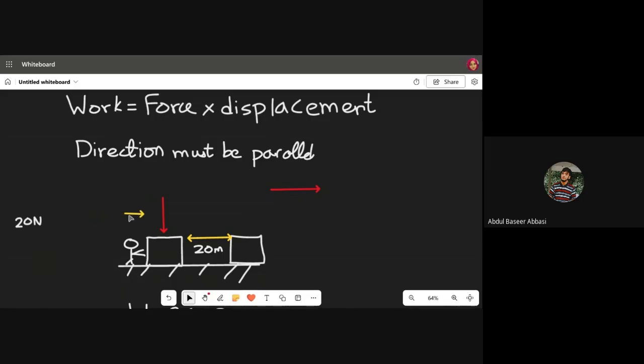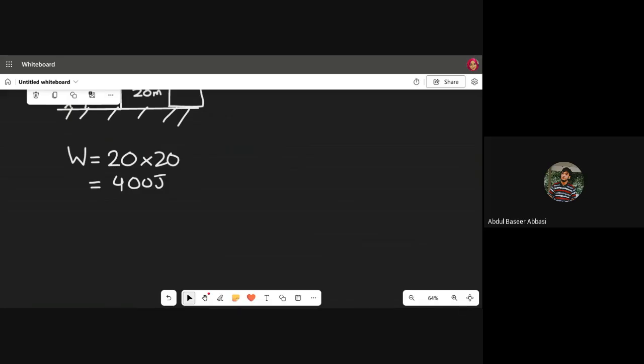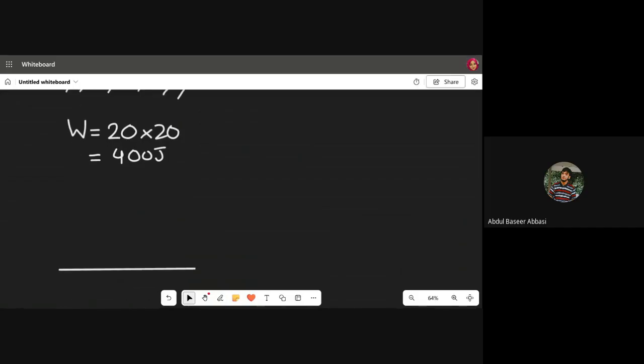Instead, it is acting at a certain angle. Let me draw another diagram. This is an object over here.